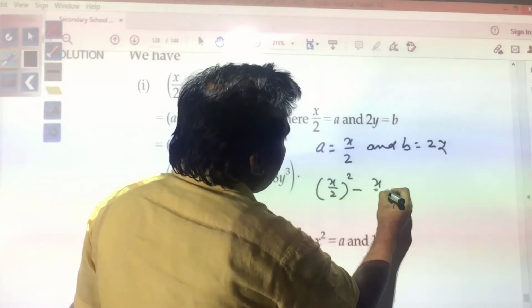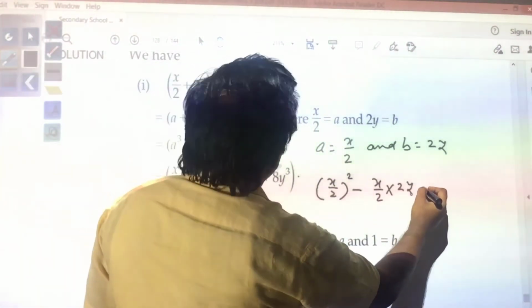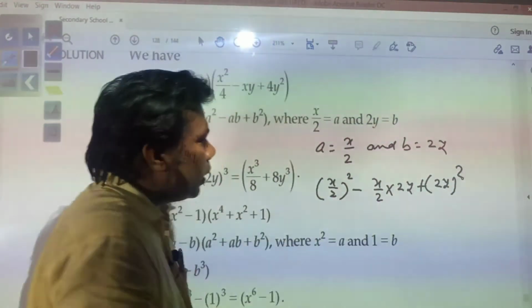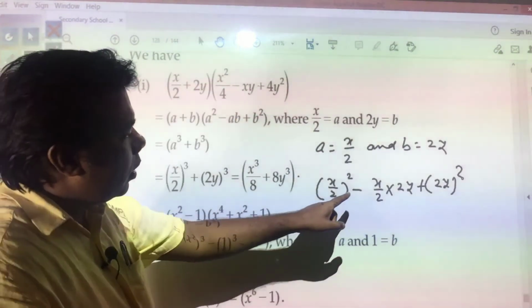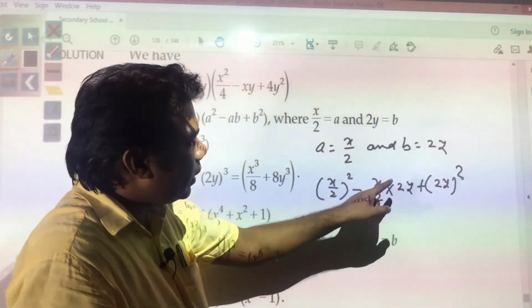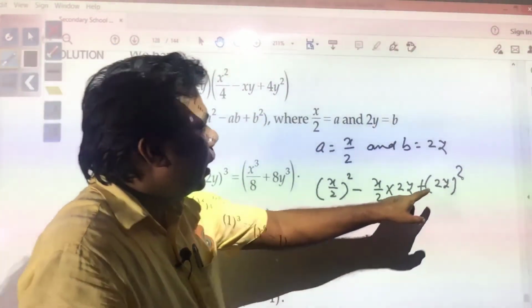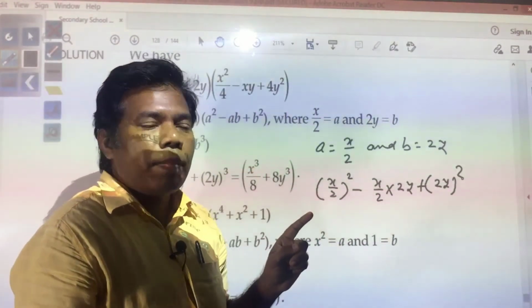AB means x by 2 into 2y, and plus B square means 2y whole square. Now, the 2 and 2 will be cancelled, we will be left with x into y, and 2y whole square means 4y square.